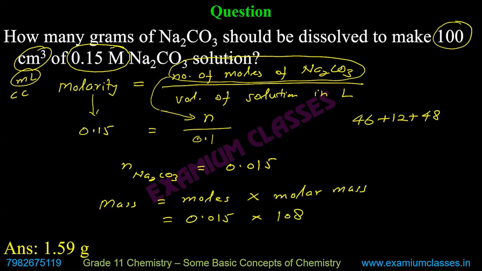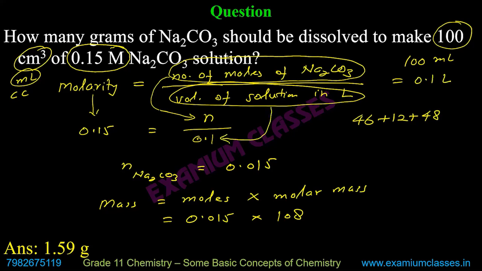If I know the moles, I can convert it to mass. That's why. And the volume of the solution in liters is 100 milliliter, which is equal to 0.1 liter. So this I have written here. Okay, sir. If any step is not clear, you can let me know.